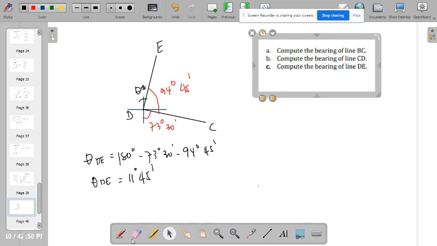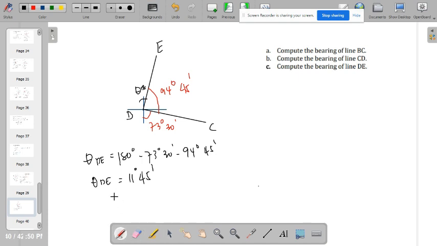Now, bearing of the line DE is equal to north 11 degrees 45 minutes east. So this is your answer for letter C.